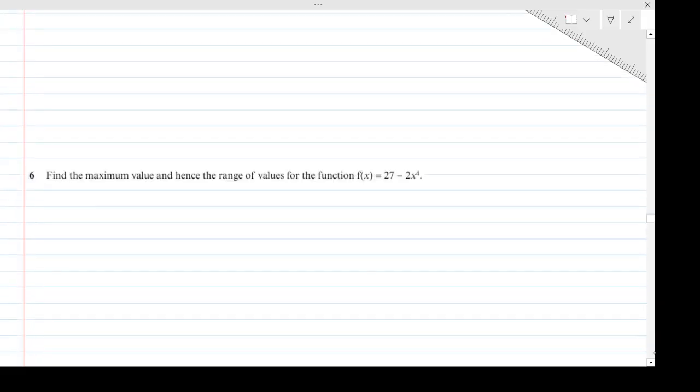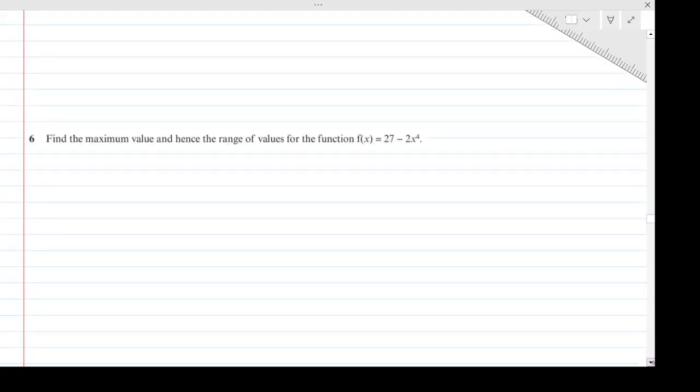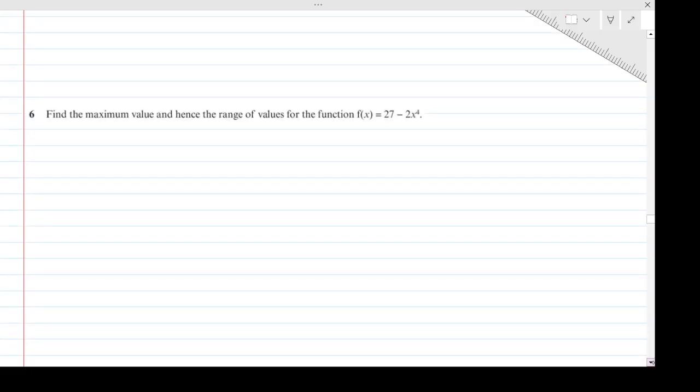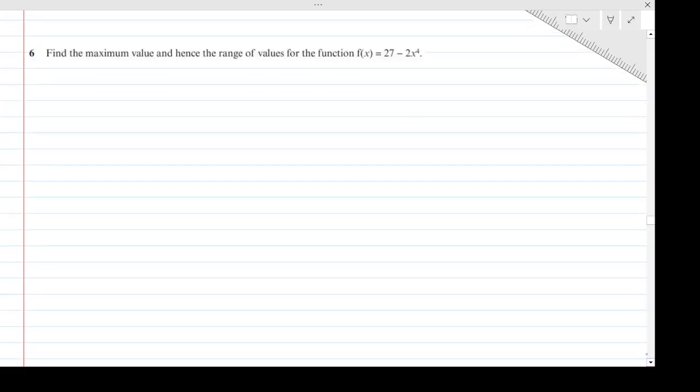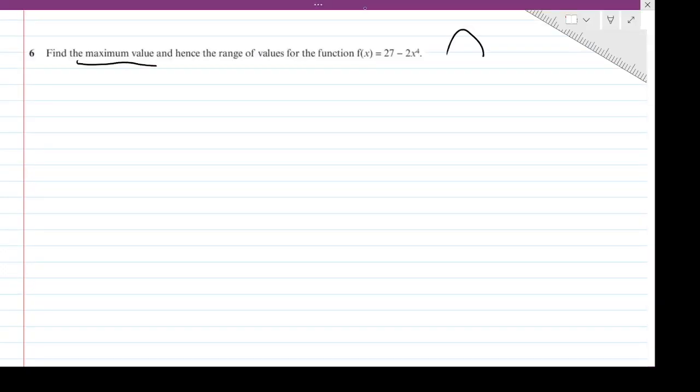Okay, now with this question, we are told to find the maximum value and hence the range of values for the function f of x equal to this. So again, maximum value, it's kind of alluding to the idea of a maximum point. We will look at this in more detail at the end of this section. But the power of stationary points, of minimum and maximum, allows us to optimize stuff.